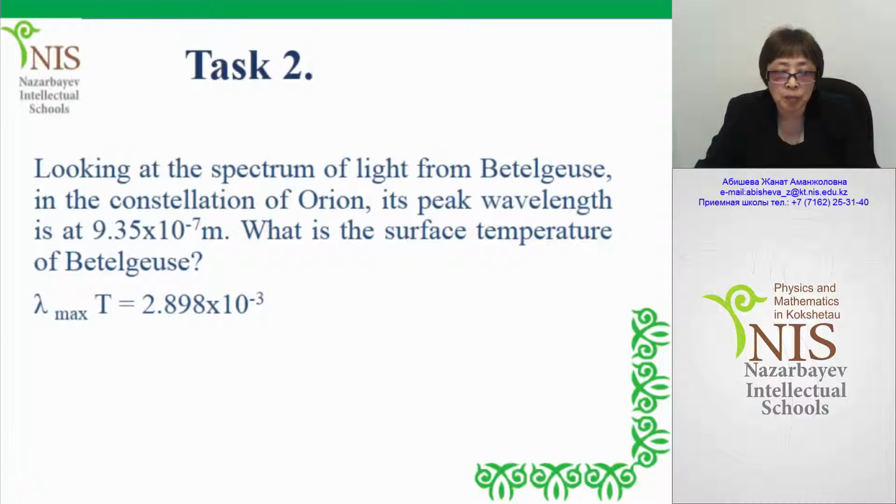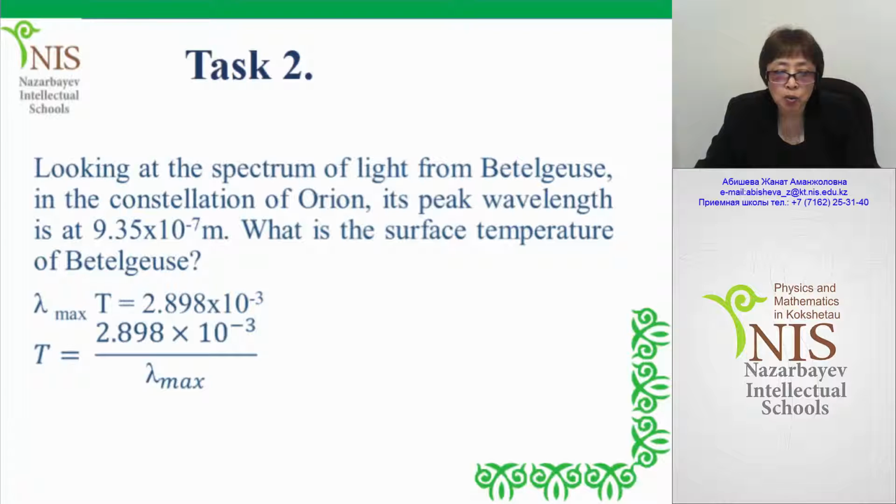Lambda max multiplied by T equals 2.898 times 10 to the power minus 3.